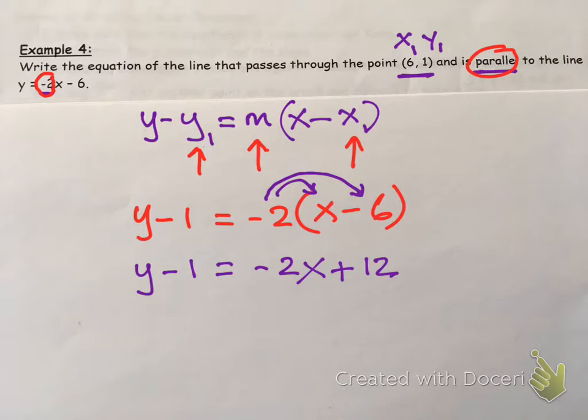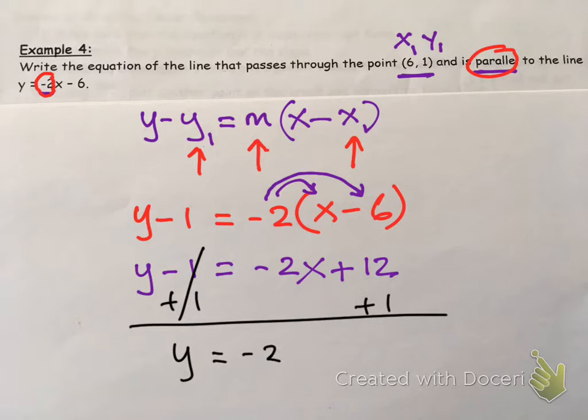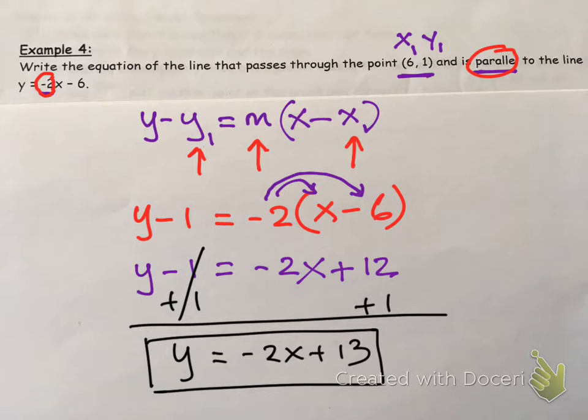Now what we are trying to do is to get this into slope-intercept form. So I add 1 over here, and I add 1 over here. So y is equal to negative 2x plus 13. So this is the equation of a line that passes through the point 6, 1 and is parallel to the line y equals negative 2x minus 6.